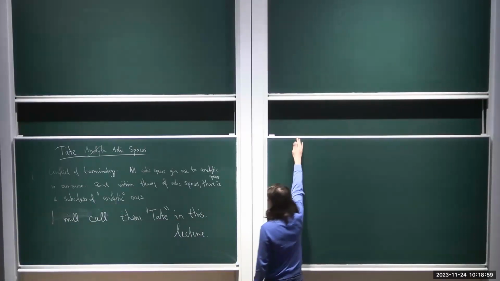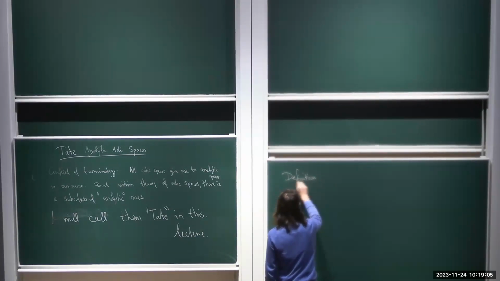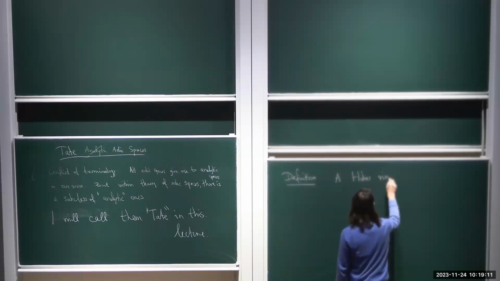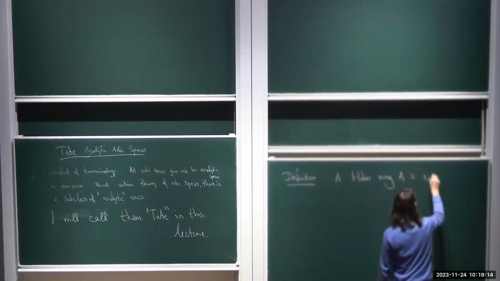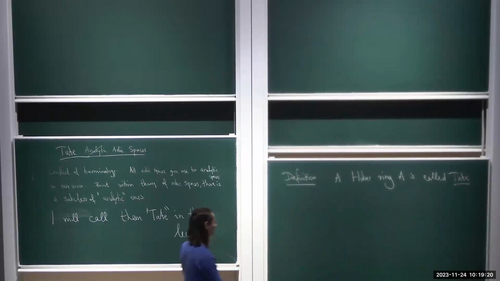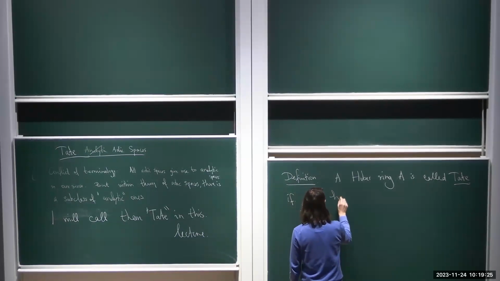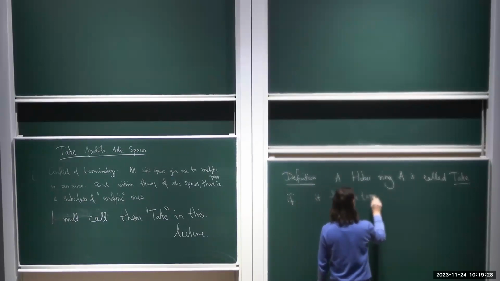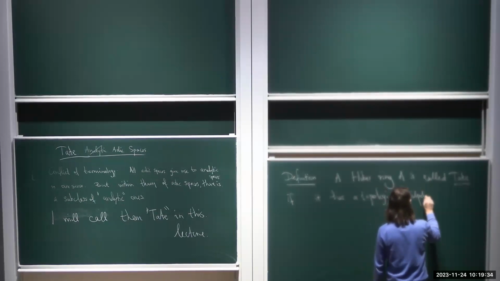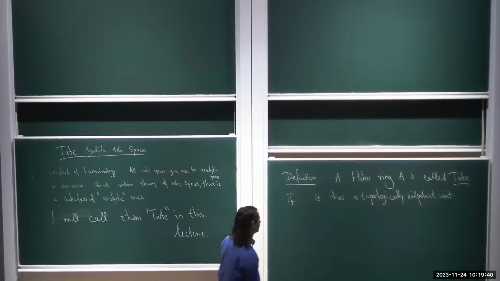Okay, so here's the definition where this name is already used. So a Huber ring A is called Tate. So this is terminology that's already in use. If it has a topologically nilpotent unit. Such a thing is also called a pseudo-uniformizer.